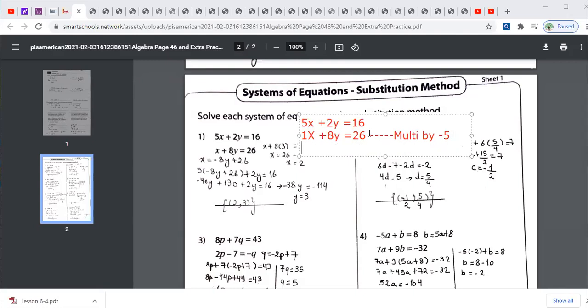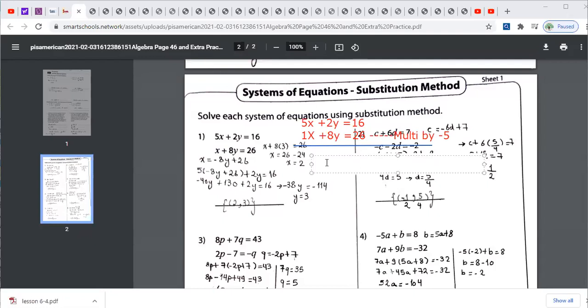Did you notice this step? What we are going to do is multiply the second equation by negative 5. Why? Because the additive inverse of 5 is negative 5.